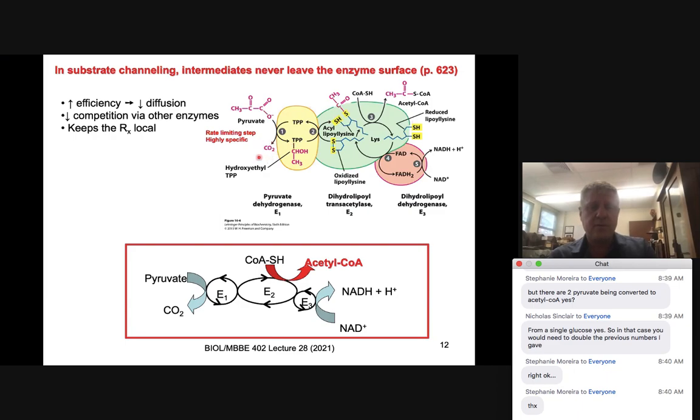With that, we get carbon dioxide release, and the TPP is primed to move it to this acyl lipoyllysine moiety. This normally has a disulfide bond here.